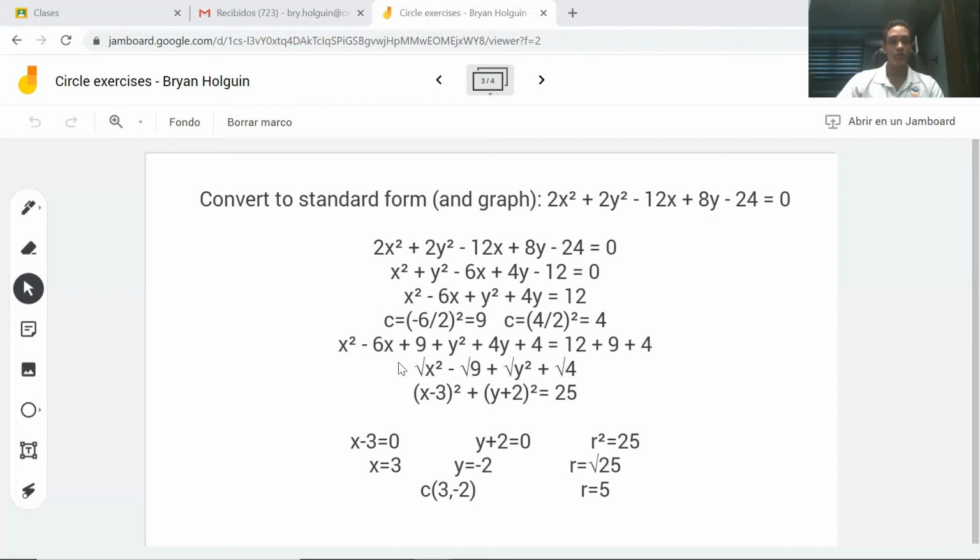So square root of x squared right here, minus this first sign, square root of 9, plus the sign right here, square root of y squared, plus the sign between y squared and 4y, plus square root of 4, making it x minus 3, as square root of 9 is 3, and we have this negative sign, squared, plus the sign in the middle, y minus 2 as square root of 4 is 2 and taking this positive sign squared.